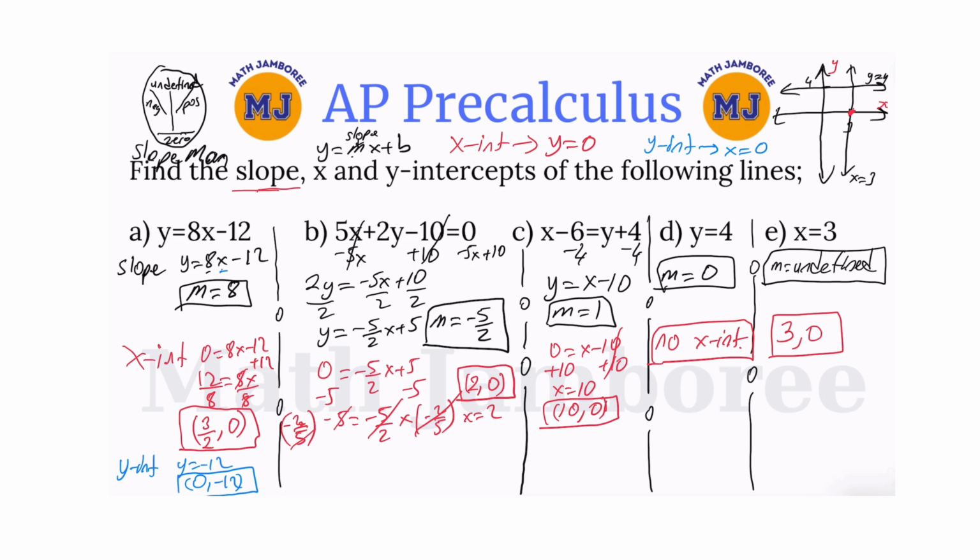These are y-intercepts. And for this one, when you give 0 to x, y becomes 5. And our point is 0 and 5. For the next one, when you give 0 to x, y becomes negative 10, so our point is 0 and negative 10.